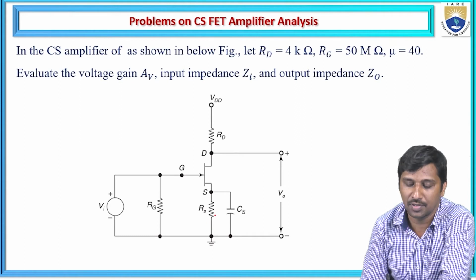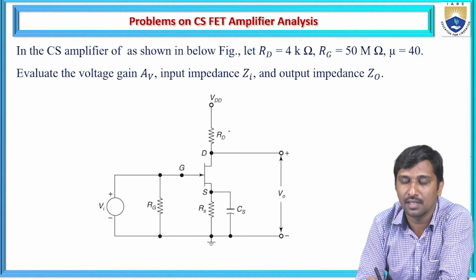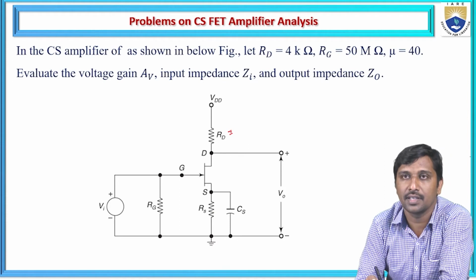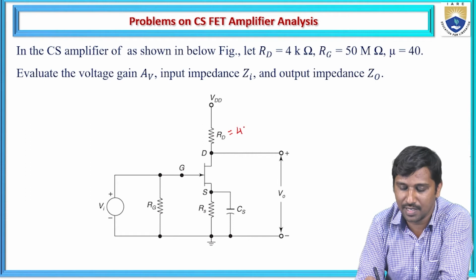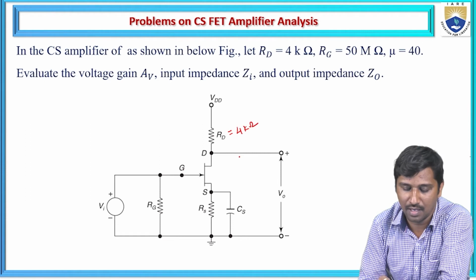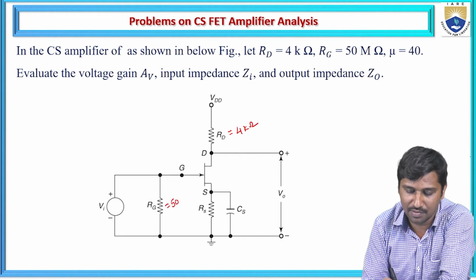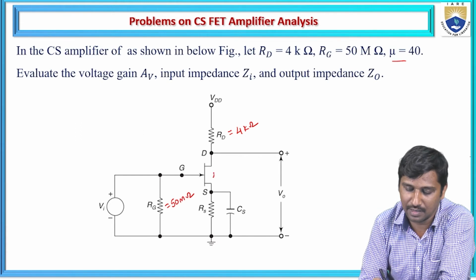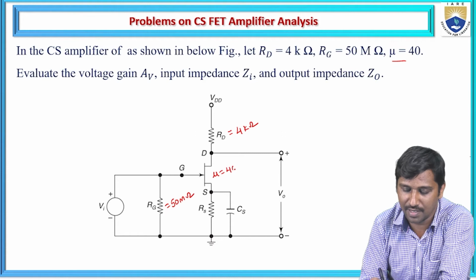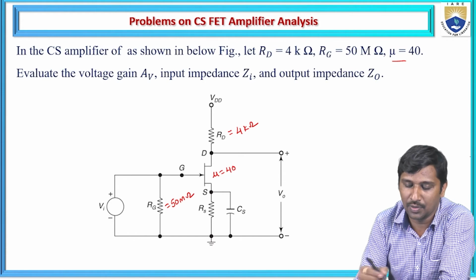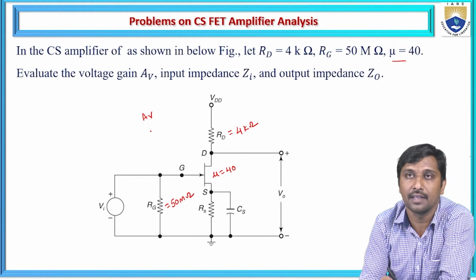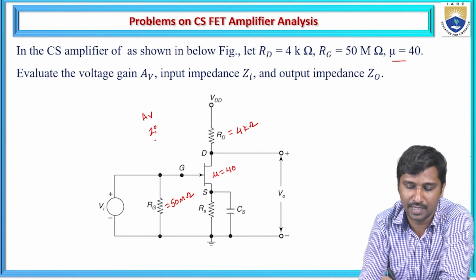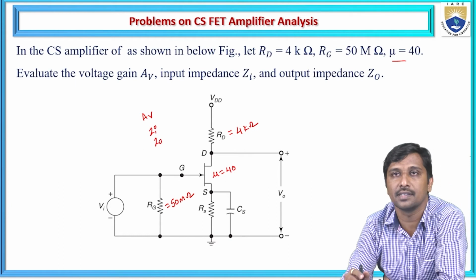The load resistance, or external drain resistance, is 4 kilo ohms, RG is 50 mega ohms, and the amplification factor is 40. Now we need to calculate the voltage gain AV, input impedance Zi, and output impedance Zo.